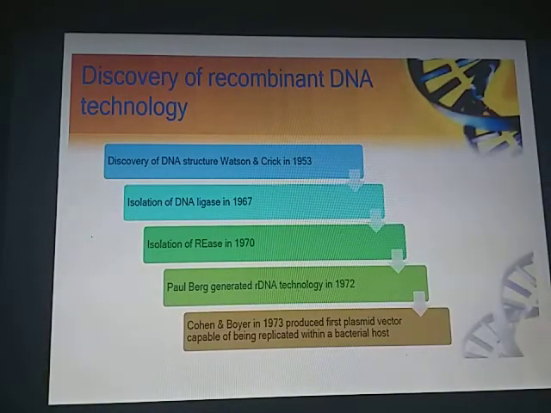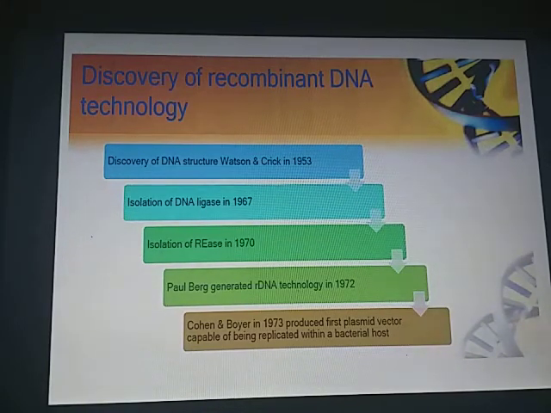So, the history behind the discovery of recombinant DNA technology. It starts in the year 1953 with the discovery of the DNA structure by Watson and Crick. Then in 1967, there was isolation of the DNA ligase enzyme. In 1970, there was isolation of the enzyme restriction endonuclease.